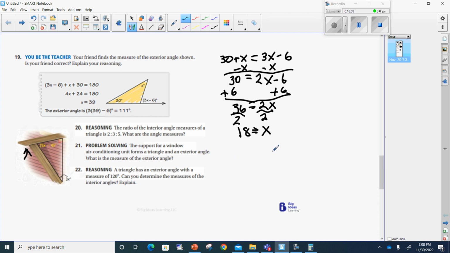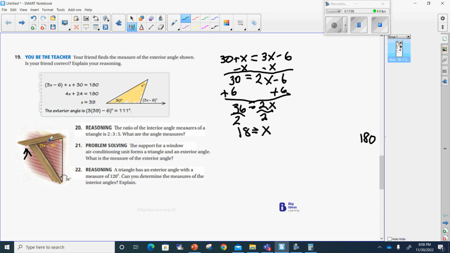The other thing I could say is if this is a straight line, I know that this plus this number would give me 180, but this is an x, so I can't really put that into an equation. So I'm going to have to solve the interior of the angle first. Remember, all triangles equal 180.